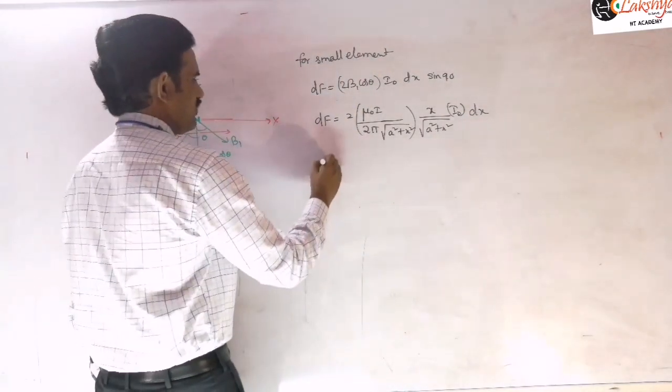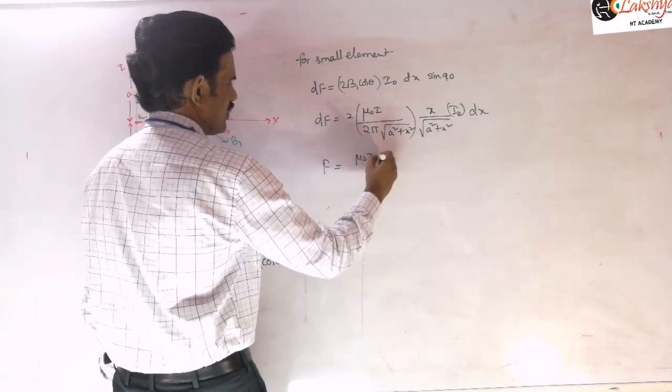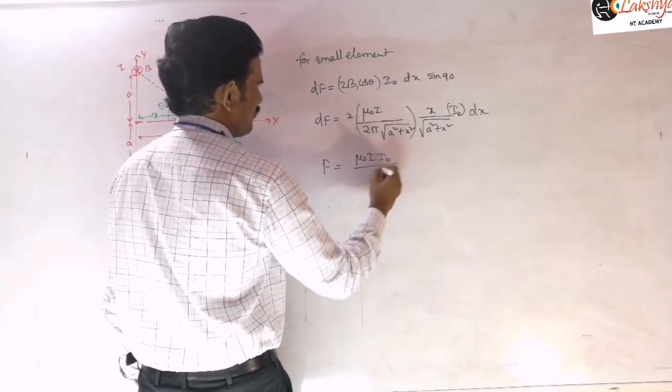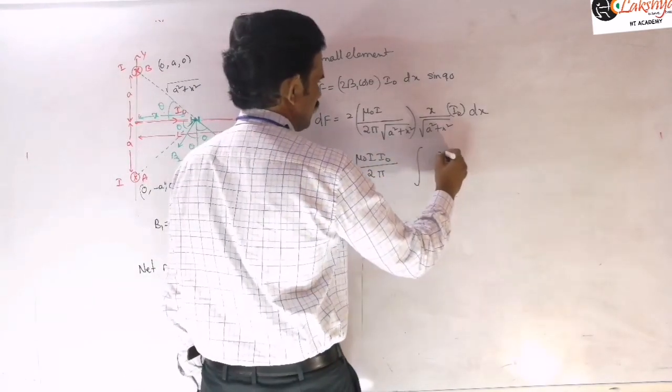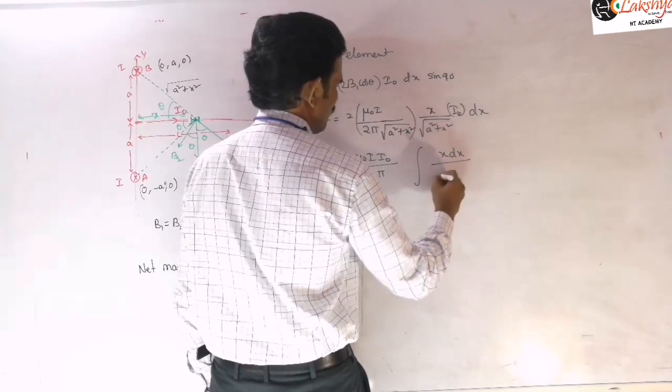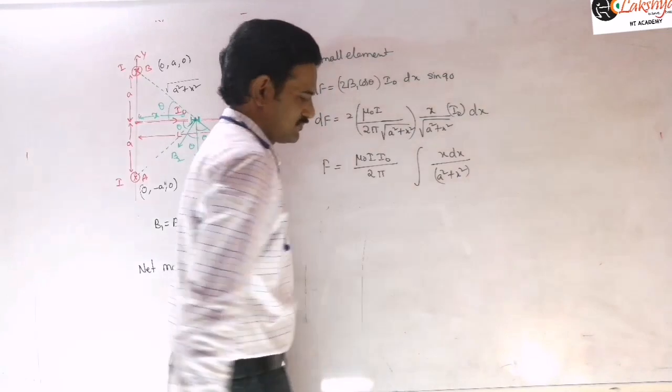And so therefore this equation, F is equal to, you can write this as mu naught I into I naught by 2 pi is a constant, then the integral of this will be x into dx by a square plus x square, you can write here, right?